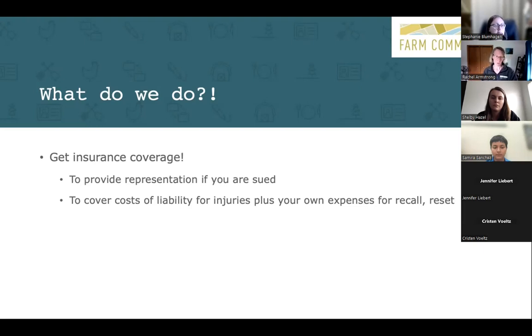You're going to have to pay for potentially very expensive cleaning and resetting of your equipment to ensure that the sneaky microbes aren't still hanging around waiting for another ride to the grocery store. That stuff costs a lot. And in the meantime, you're not earning revenue. Your reputation is suffering damage. There are different formulas of insurance that can help get you coverage for all of those additional costs that you would incur.